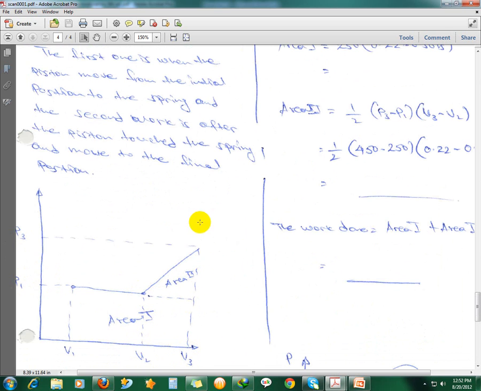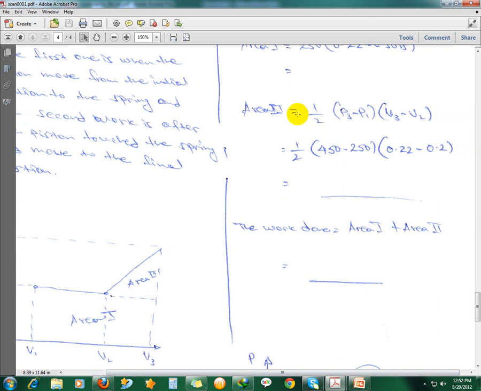So area 2 is P3 minus P1 times V3 minus V2 over 2. Then we have all the values and we can calculate V2. Then the total work done during this process is equal to the sum of these two areas, area 1 and area 2. Then we can obtain the value of the total work done.